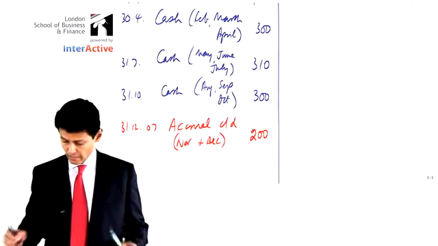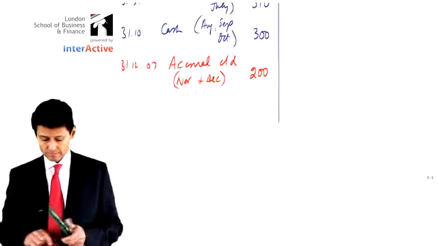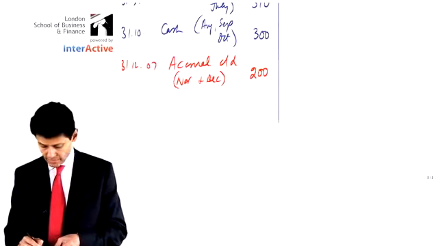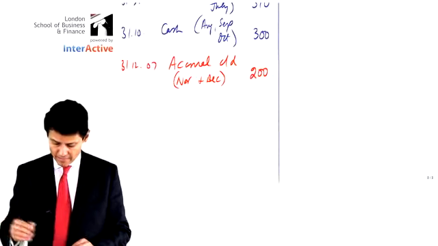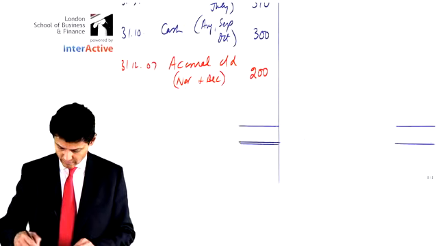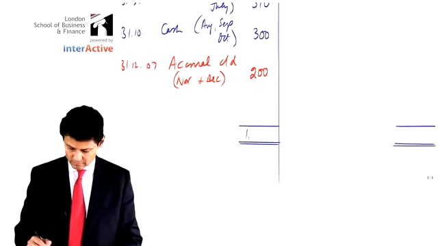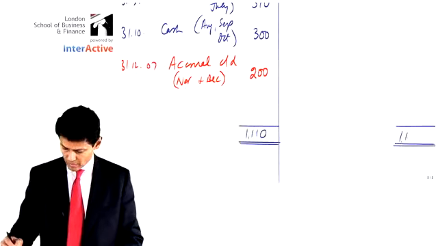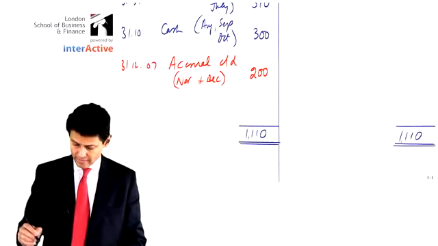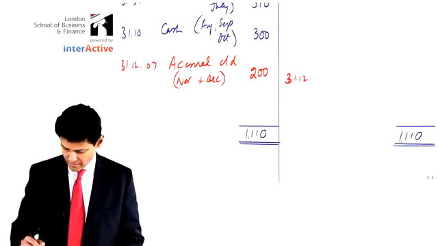And so as we close off the account, it's very important to actually bring it down and carry it forward, etc. So let's leave a couple of lines. The debit side comes to 1110, and naturally that goes to the income statement as at December 07.